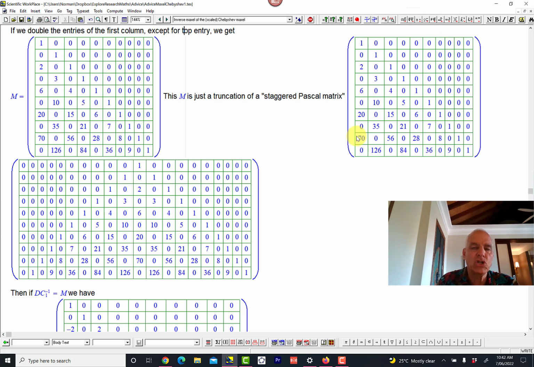But the essential sort of linear algebra component is really contained already in this Pascal matrix. So that means that there's an intimate connection between the Chebyshev polynomials and the binomial coefficients, which of course you can see from just the formula for the Chebyshev polynomials. But this is a different aspect of it, where we're utilizing the inverse structure of the maxels.